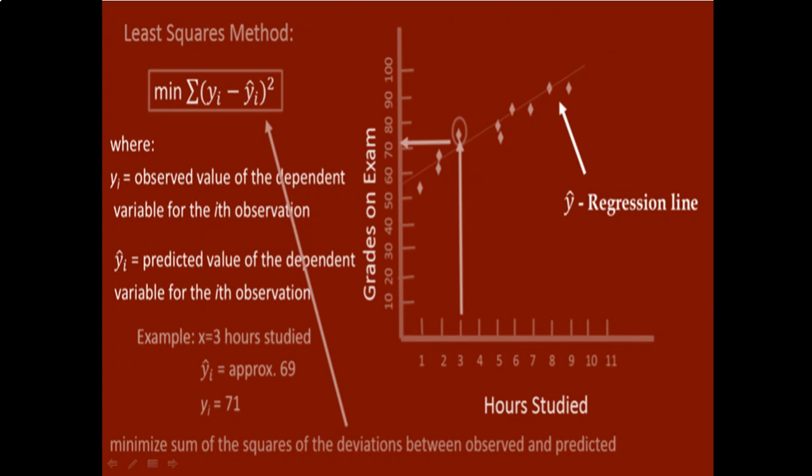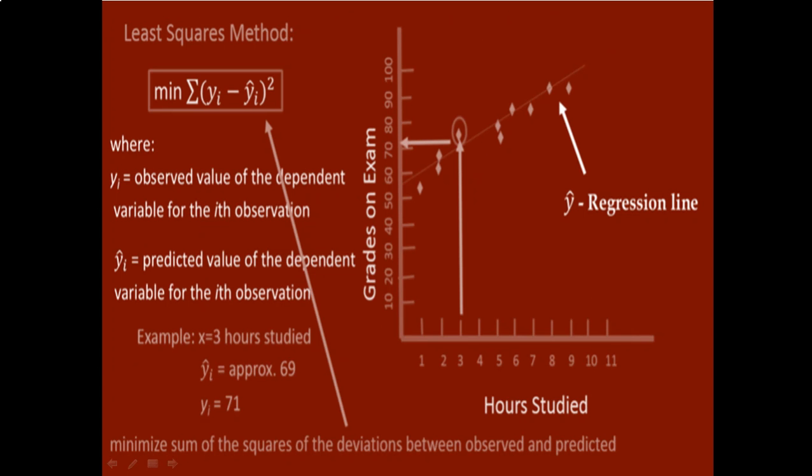So, for example, when we take x equal to 3 hours studied, approximately, by eye, when we look at 3 and go up, we find it's approximately on the line equal to 69, but actually it is 71.